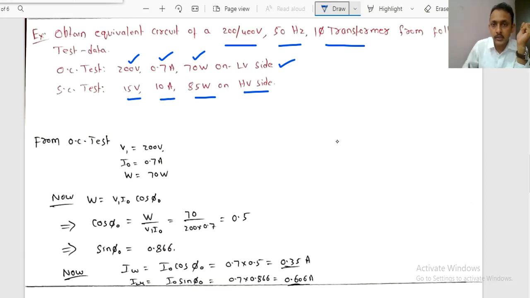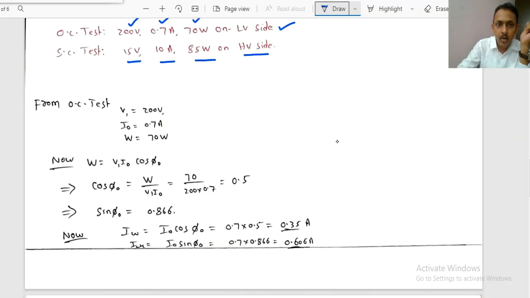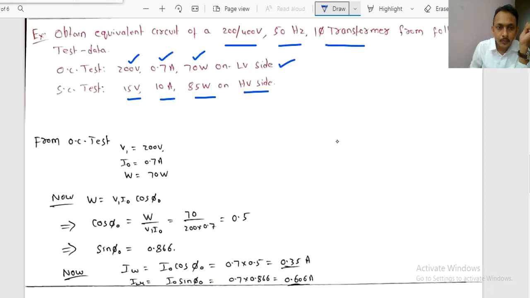So dear students, please observe, from open circuit test, the representation of variables is important. V1, LV side voltage 200 volt, no load current I naught, it is to be represented with variable I naught, 0.7, wattmeter reading 70 watt, right?